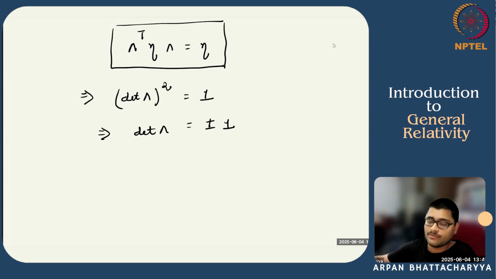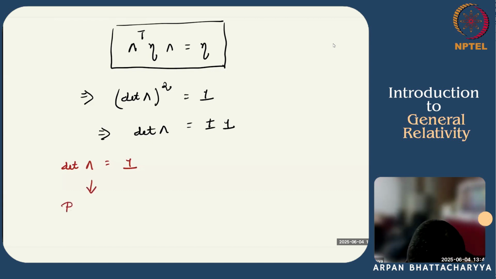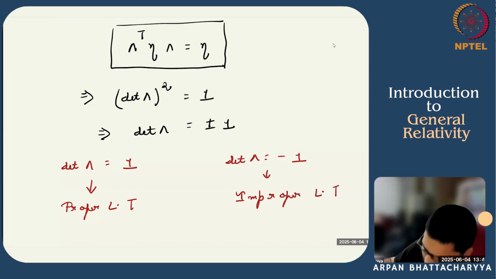Based on this criterion, we can classify all possible Lorentz transformations into two sets. One has determinant +1, which we call proper Lorentz transformations, and the other has determinant -1, called improper Lorentz transformations.